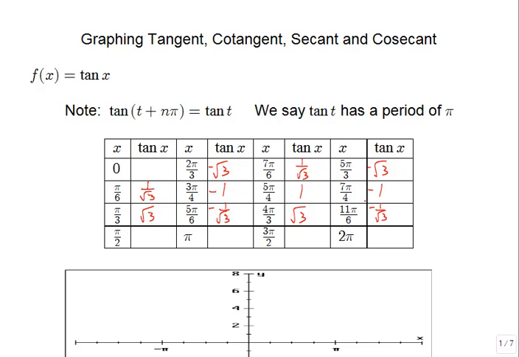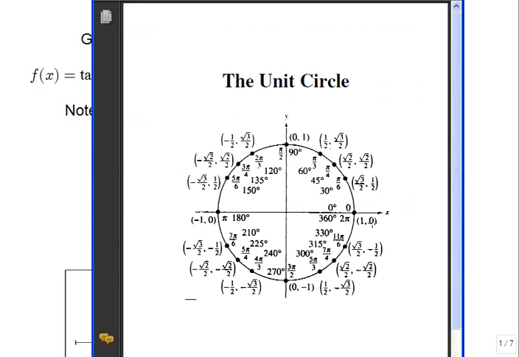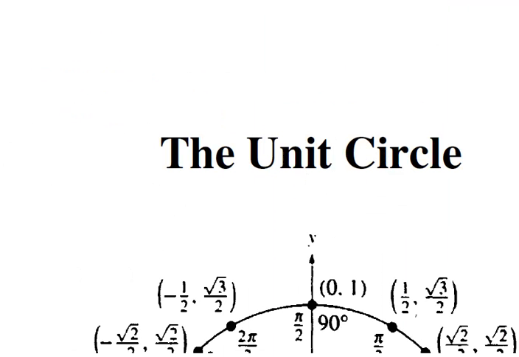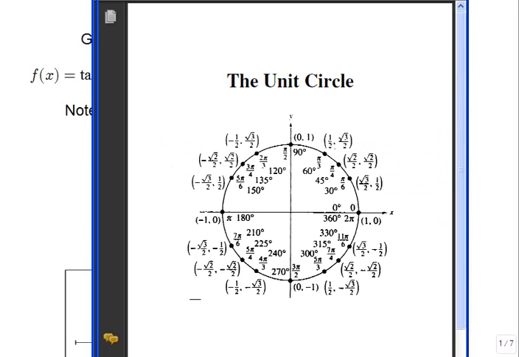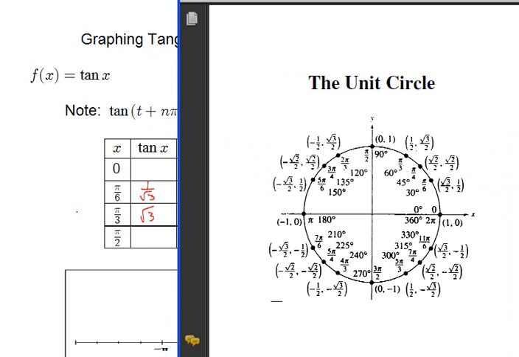In quadrant 2 and quadrant 4, tangent will be negative. Now when we think about the quadrant angles, for 0, for example, that is at the point (1, 0). So we're going to take 0 divided by 1, and that would stay 0. So if I wanted to fill that in, this is going to be 0. But when I get to pi over 2, then I'm trying to take 1 and divide by 0, and I can't divide by 0, so pi over 2 becomes undefined for tangent.